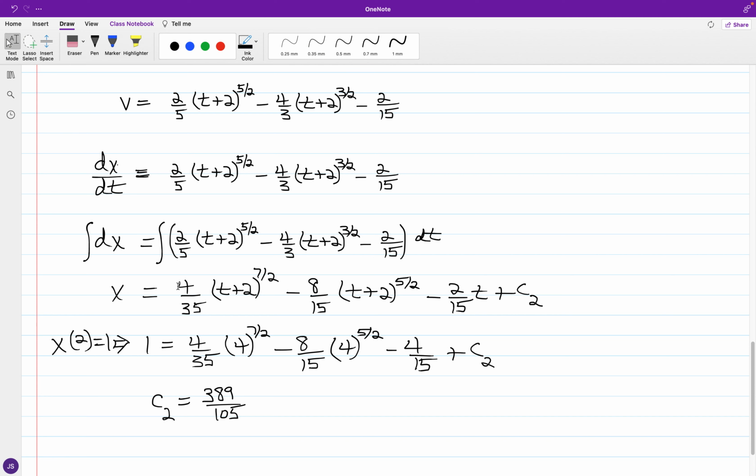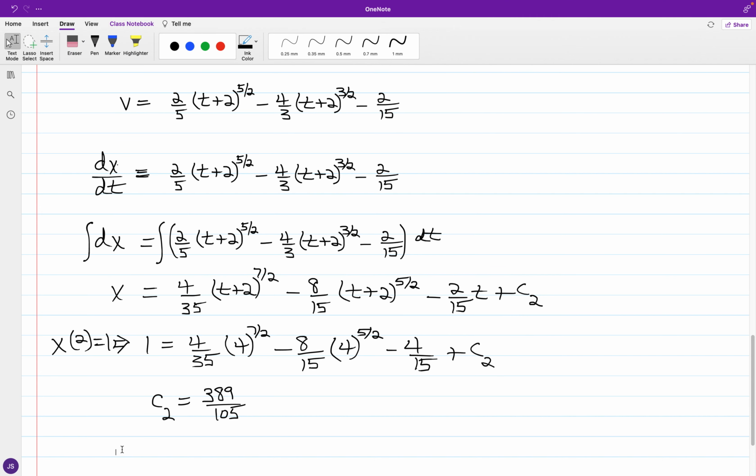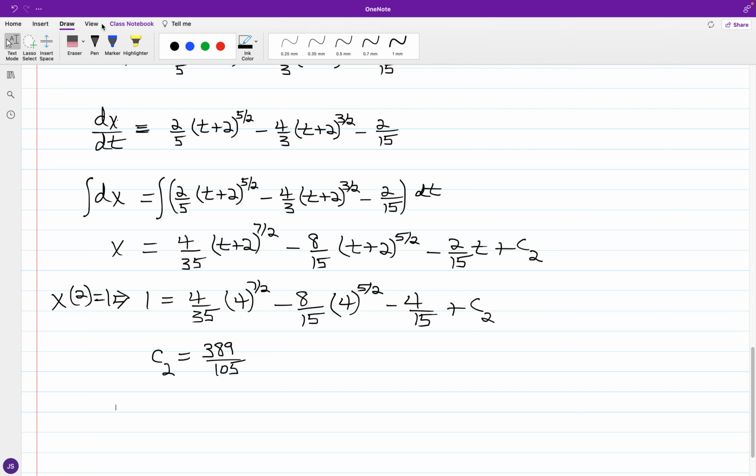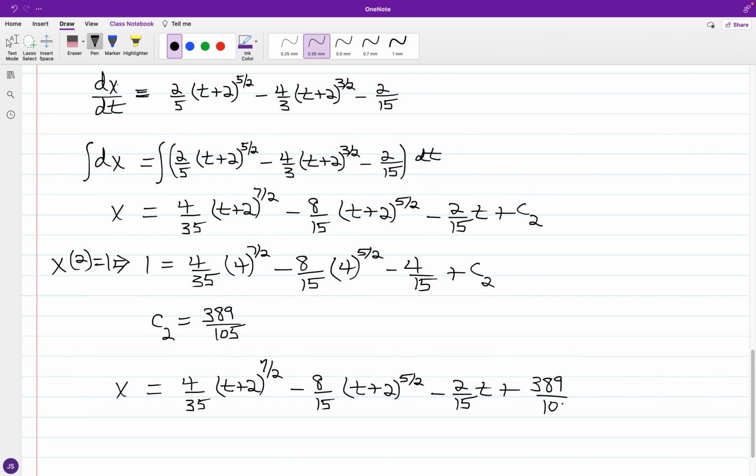So for the result that we have for x, we have this set of parametric terms: 4/35 of the quantity t plus 2 to the 7 halves, minus 8/15 of the quantity t plus 2 to the 5 halves, minus 2/15 of t, plus 389/105.